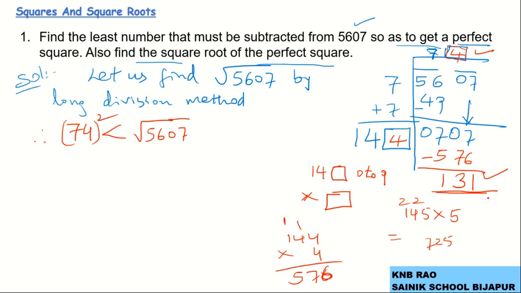Now, what is to be subtracted to make it a perfect square?